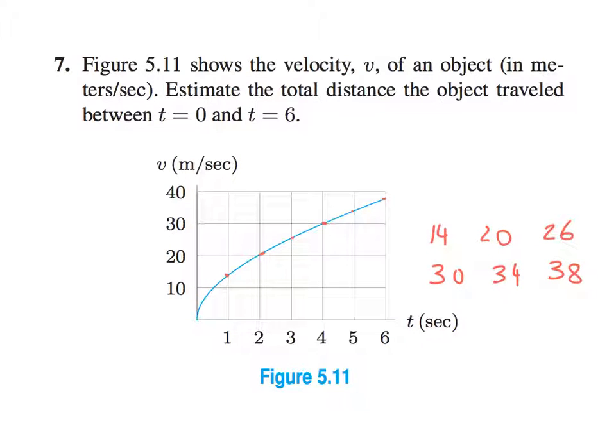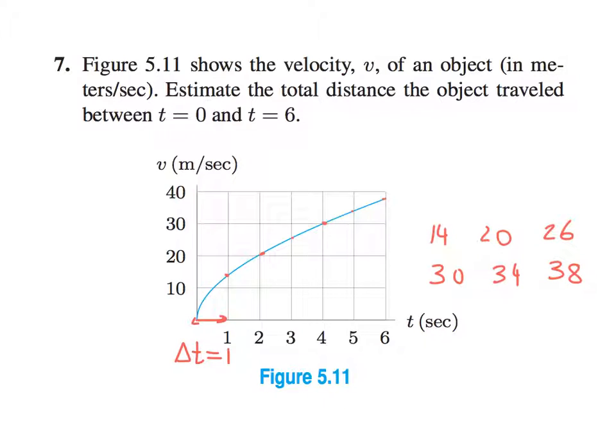And then we would form the accordant Riemann sum. So what is our delta t in this case? What is the interval width? Well, it's just 1 second. Our units are seconds.